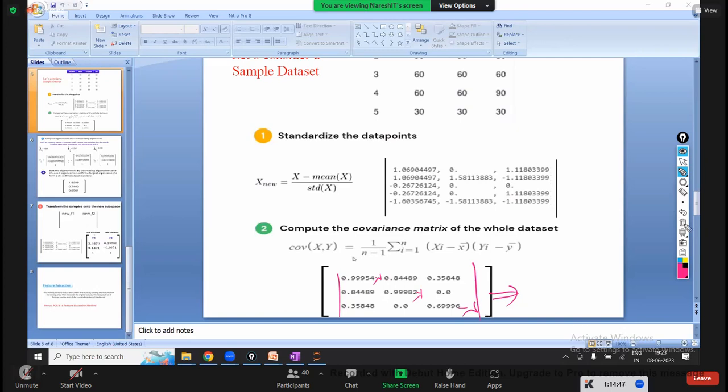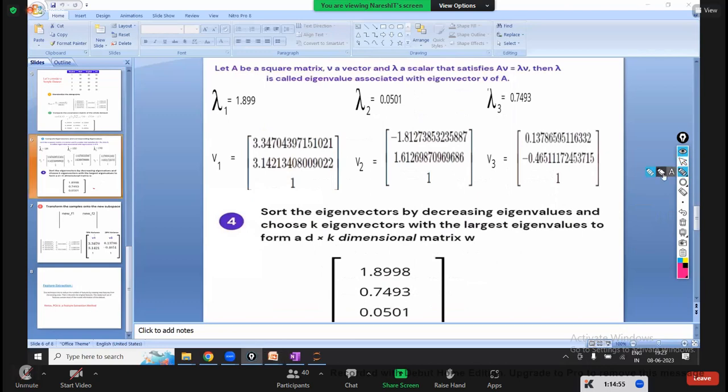Now, once it has calculated the lambda values, what are they? Lambda 1 is equal to 1.899. The second lambda value is 0.0501.